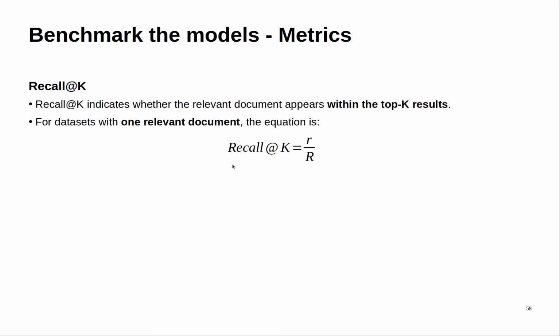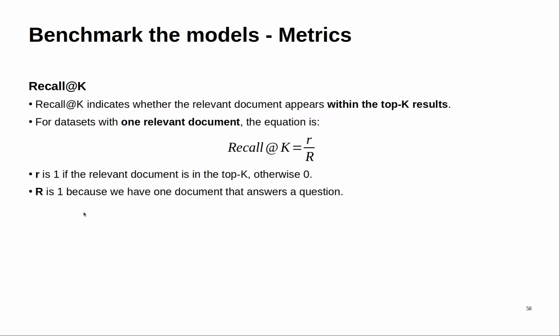So recall at K is equal to r divided by capital R. Small r is equal to 1 if the relevant document is in the top K results, otherwise it is set to 0. And capital R is equal to 1 because in our case we have one document that answers the question. But the formula that you see here is in the general case, and let's apply it to that same example.